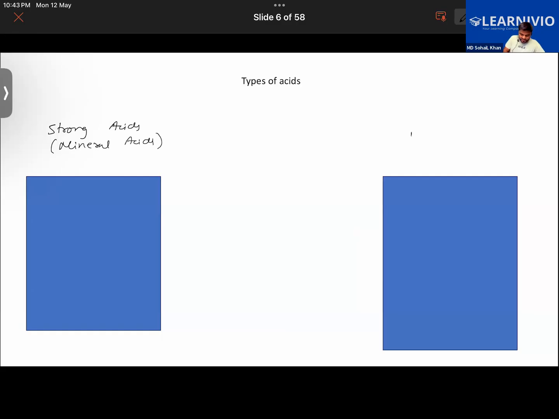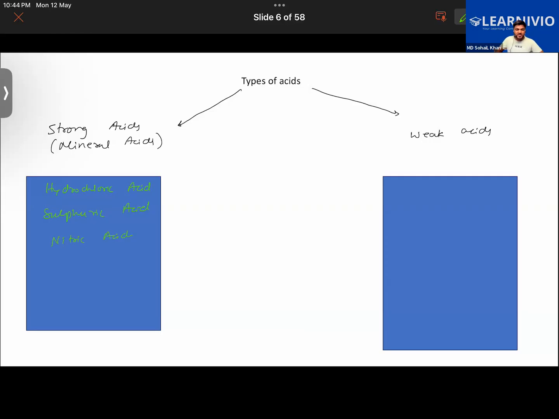On the other hand, we have weak acids. Some examples of strong acids are hydrochloric acid, sulfuric acid, and nitric acid.